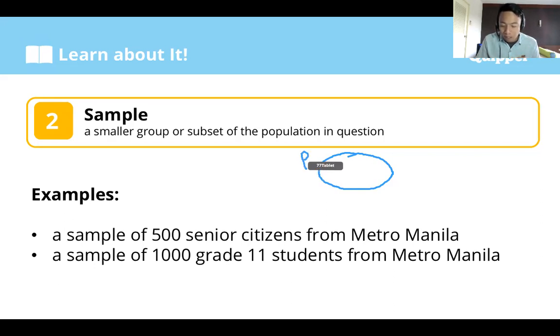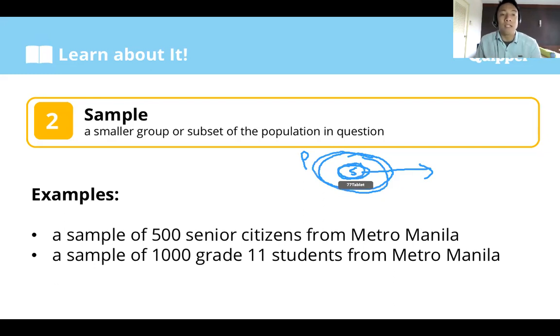This will be the population, and the sample may be this one. That sample is the one we will use if your research is only concentrating on the samples, not the whole population. So this is the population, and inside of it, we have the sample.